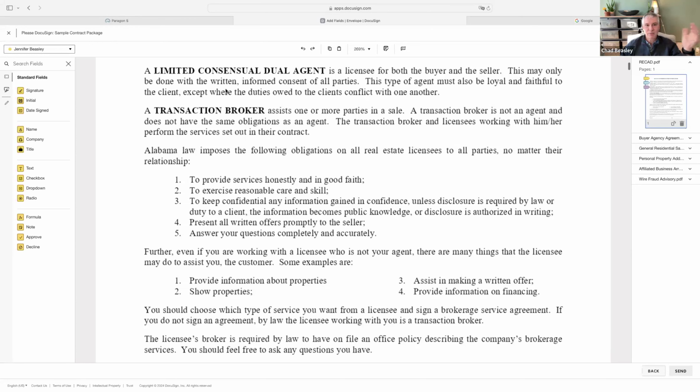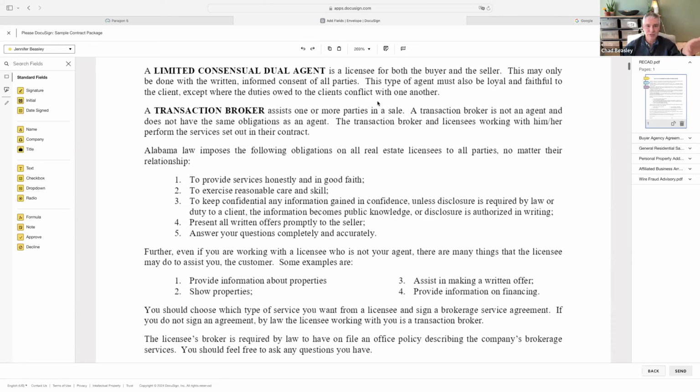It may only be done with written informed consent of all parties. So that's why it's called limited consensual dual agency. They have to consent. So you let them know, hey, in this instance, my brokerage represents both parties in the transaction. And so I'm just letting you know that, and you're going to sign this little form that says that it's okay. This type of agent must be loyal and faithful to the client, except where the duties owed to the clients conflict with one another. So that's the difference in that and single agency.